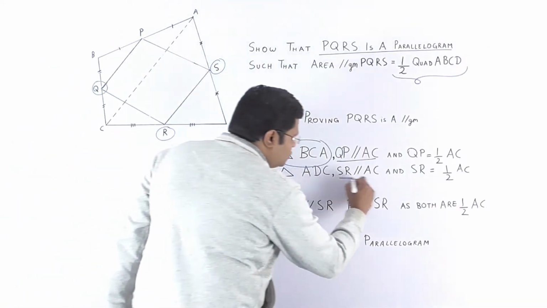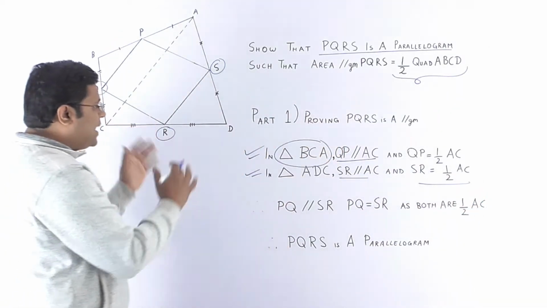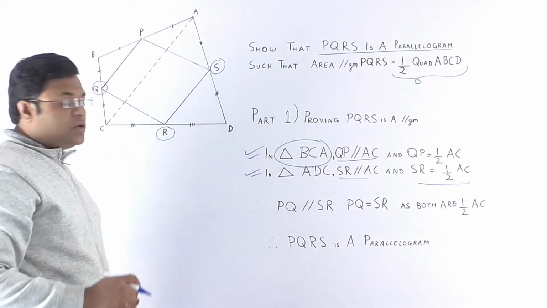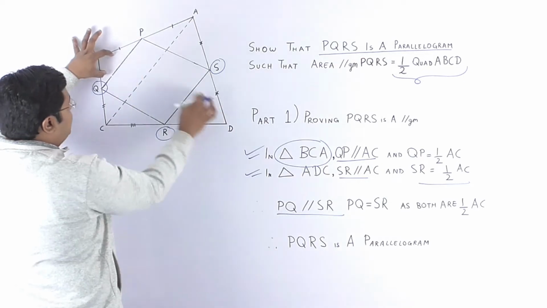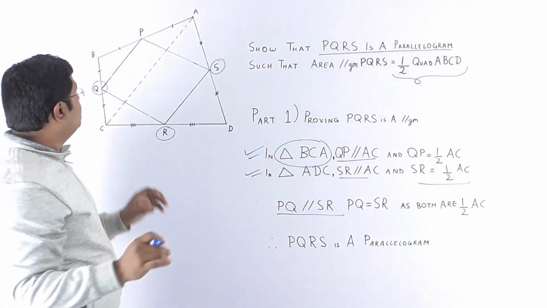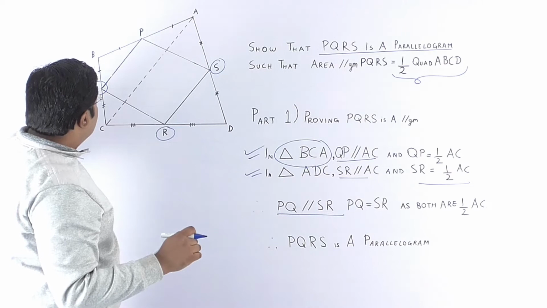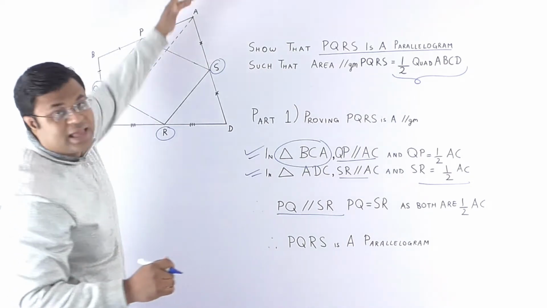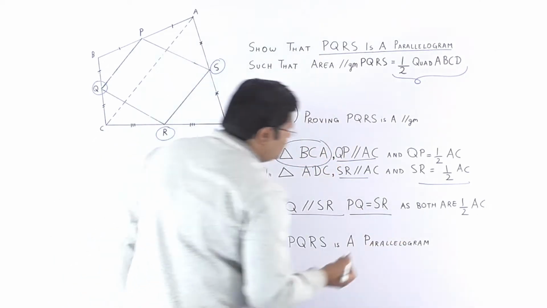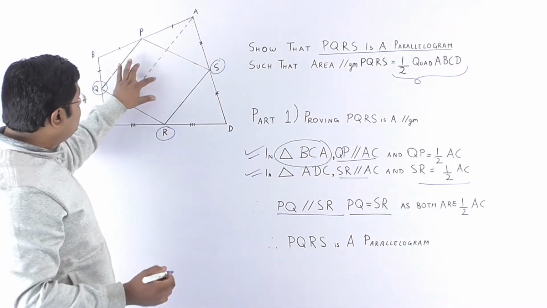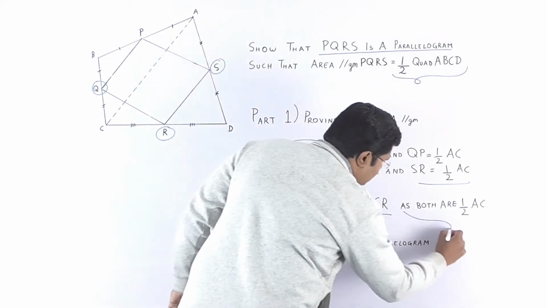Once we get these two facts, we can combine statements 1 and 2, saying that PQ is parallel to SR, since both are parallel to the line AC. And then finally we can also say PQ is equal to SR since both are half of AC.